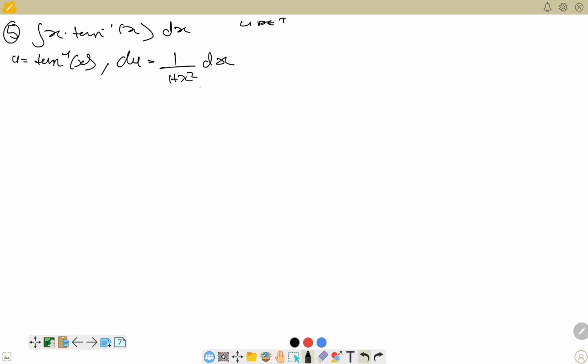Then we can write the x here as well. Then what happens now? If we choose arctan x as u, then dv is actually x. Then v, when we integrate x, it becomes x to the power 2 over 2.